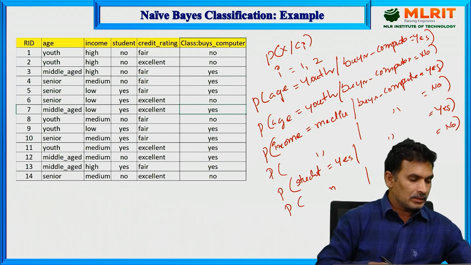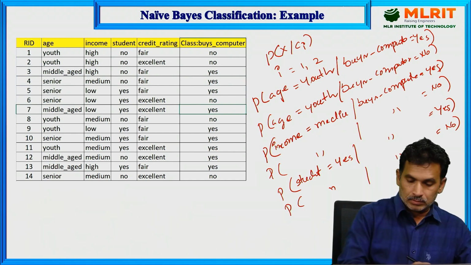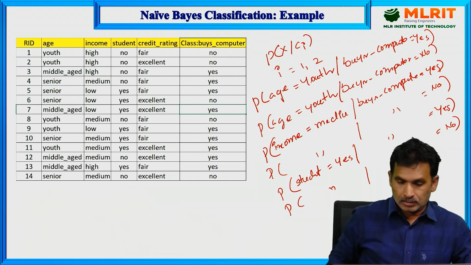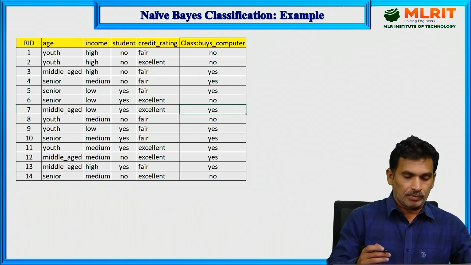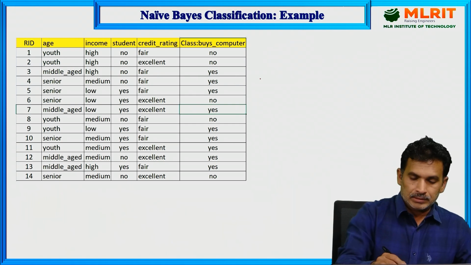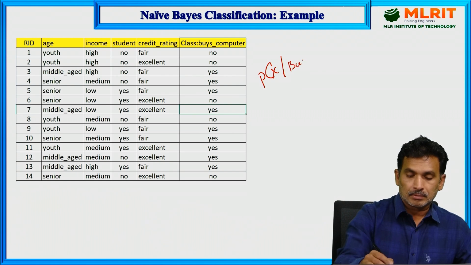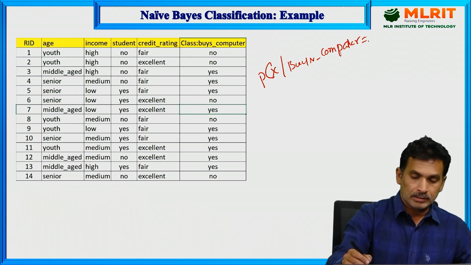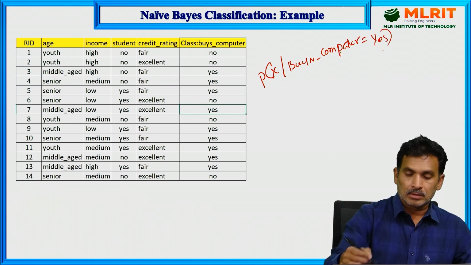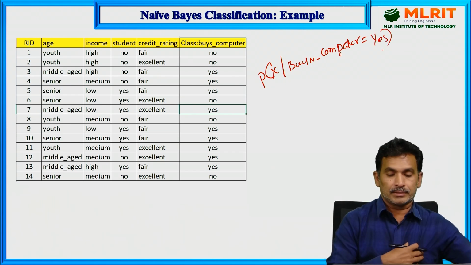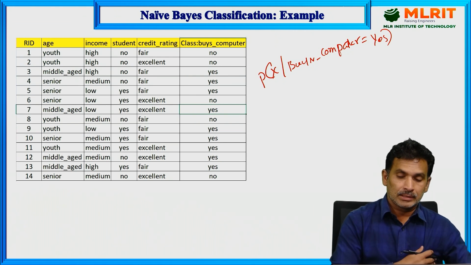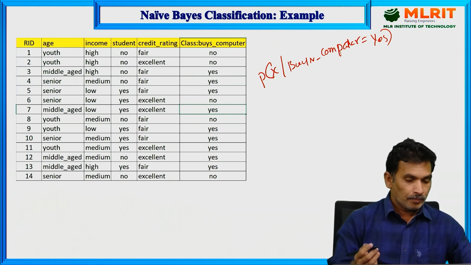So using these probabilities, we would obtain the probability of X given Bayes computer that is yes. Okay, the probability of X given Bayes computer yes.